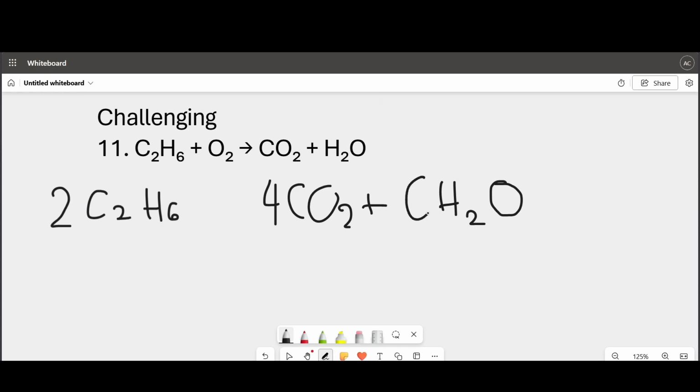So now we'll have 4 times 2 is 8. 6 times 1 is 6. 4 times 2 is 8, so now we have 12, okay? 12 oxygen atoms.